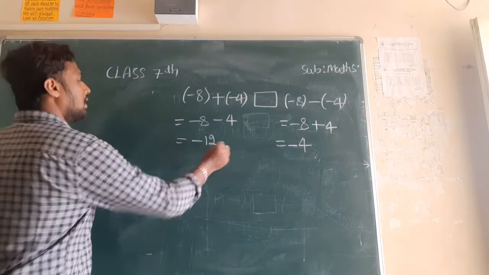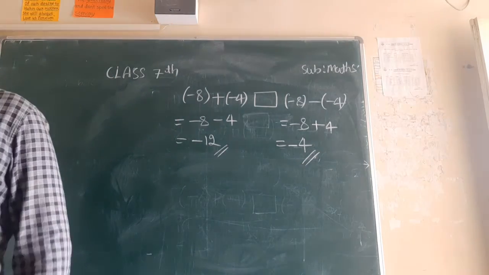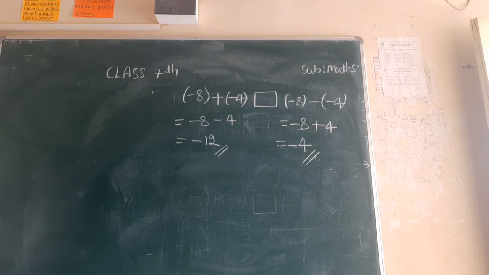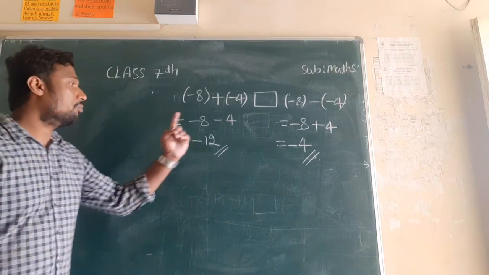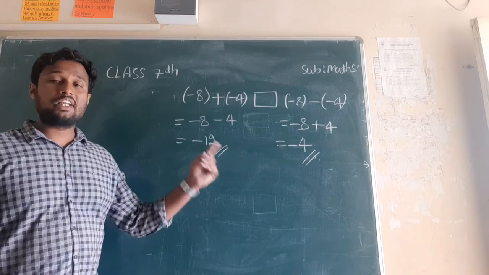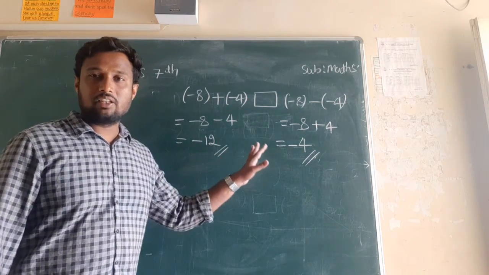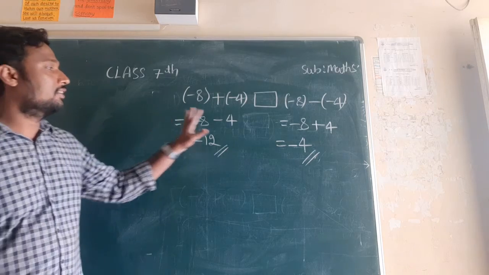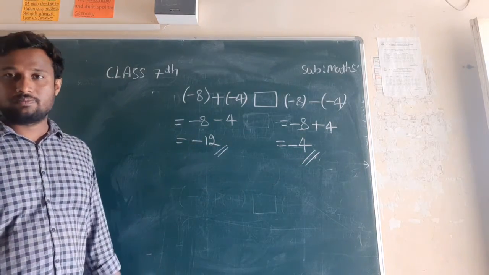Now you can compare minus 12 and minus 4. Which is the bigger value? Minus 4. Don't get confused. Don't say that minus 12 is greater than minus 4. What I told in the first class: always, if it is a negative integer, the one that has less value is bigger than the other number.